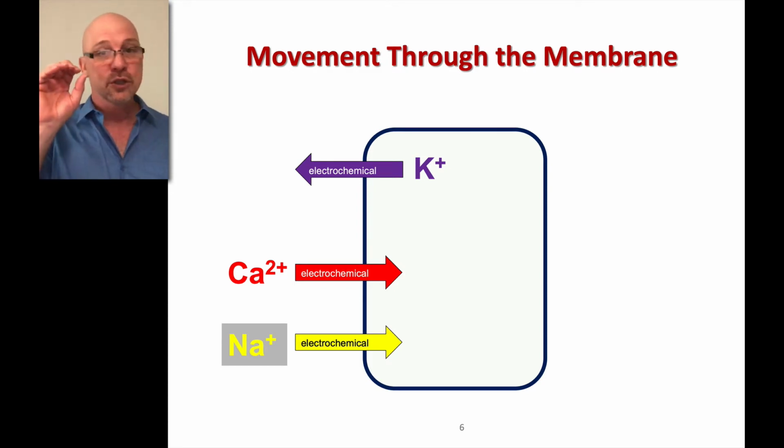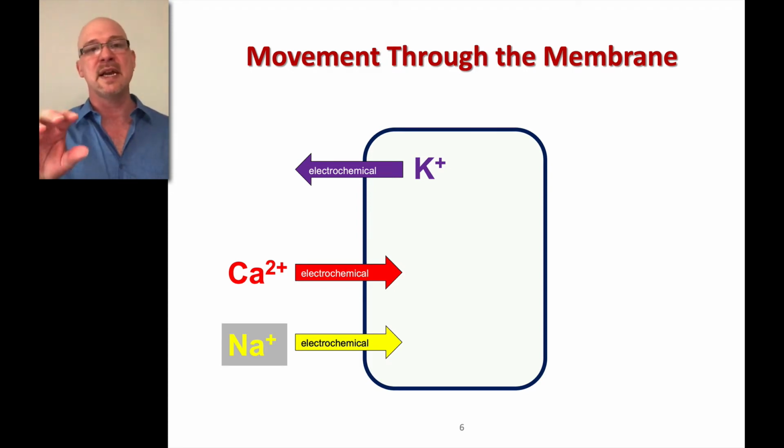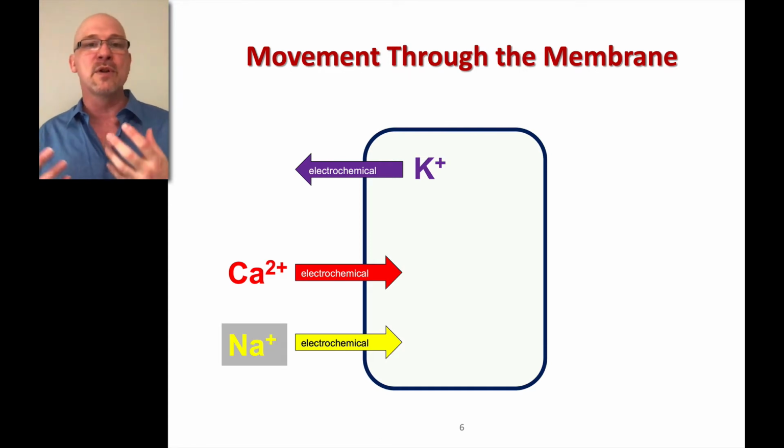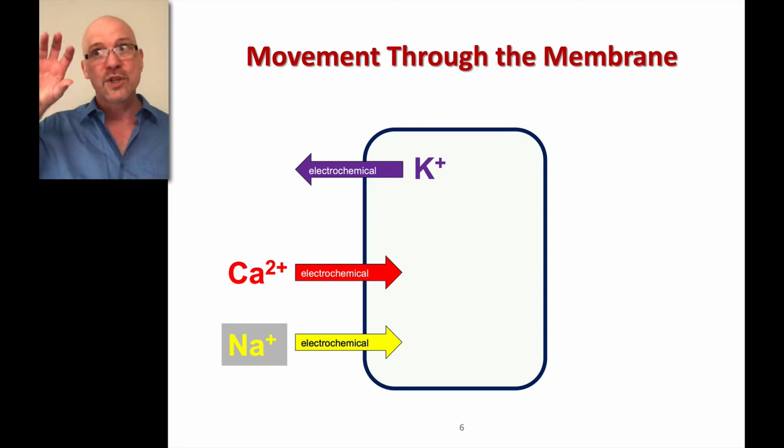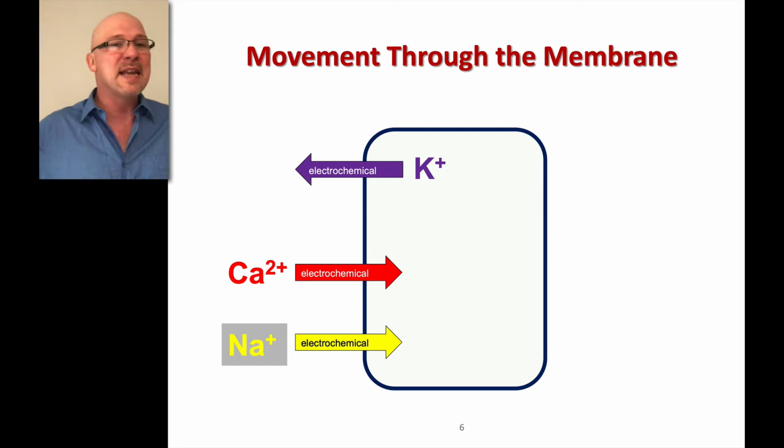Now, since there's so much potassium on the inside of the cell, you'll see there's a little purple arrow there saying electrochemical. What that's illustrating is that there's an electrochemical gradient that exists. With so much potassium inside the cell, the potassium would actually like to get out of the cell.